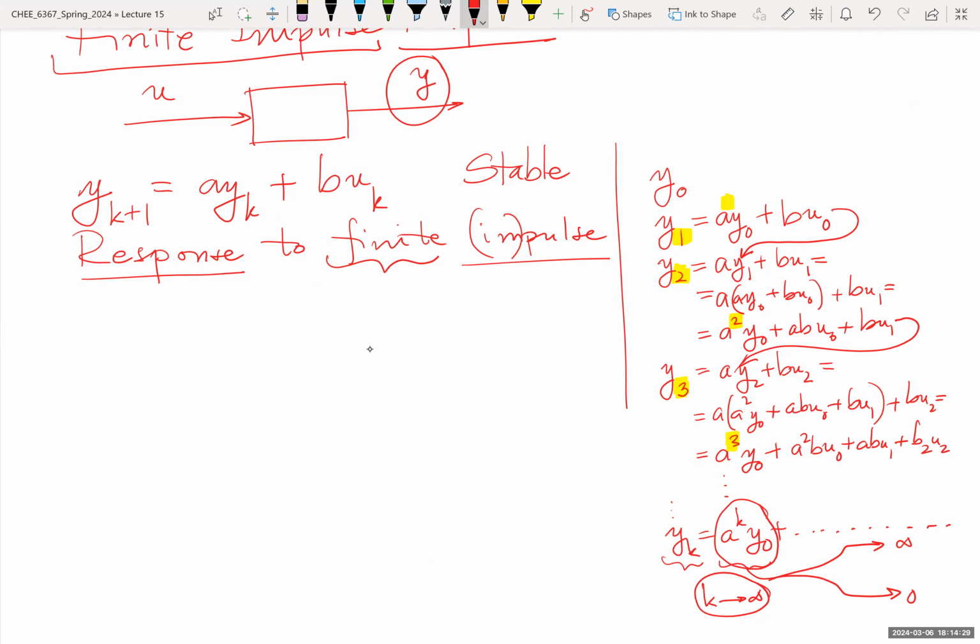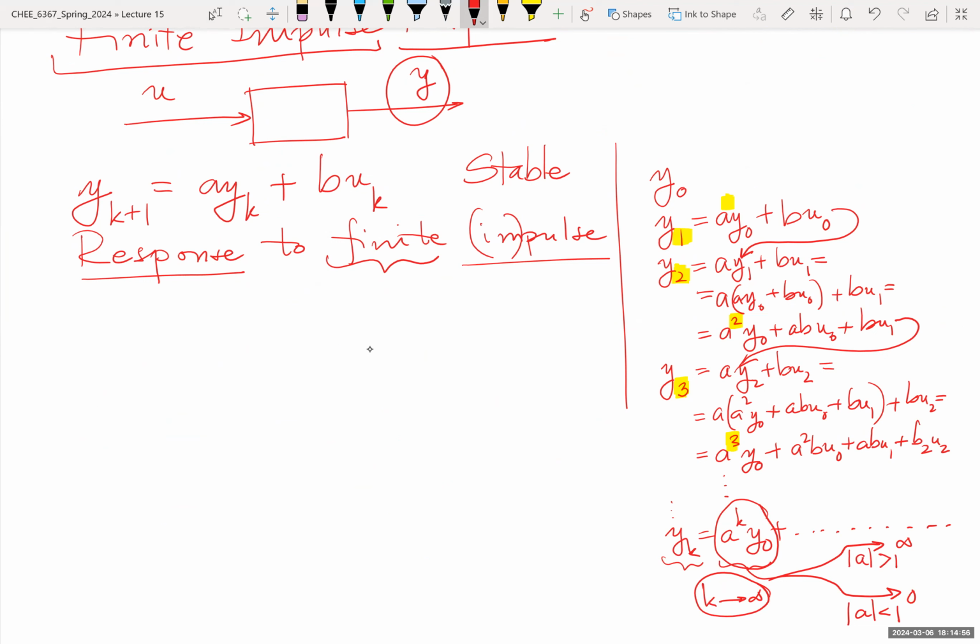The value of a. So if a is 1/2, is this going to go to 0 or infinity? 0. If a is 1/4, 0. If it's 0.9, 0.99, so if it's less than 1, it's going to go to 0. And if a is greater than 1, it's going to go to infinity.